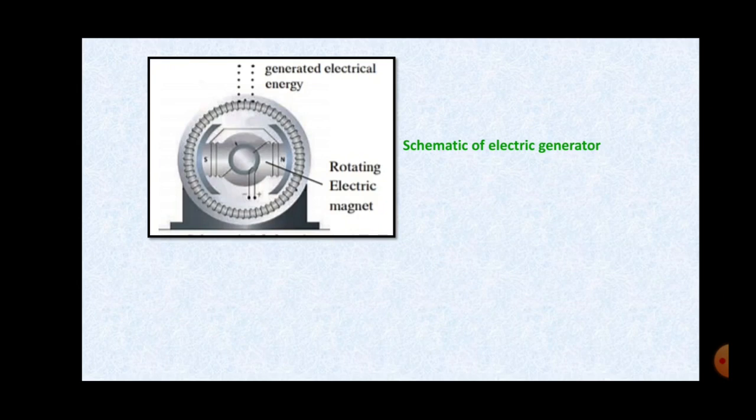So now we are going to study the different types of electrical power stations, where the turbine is rotated either with the help of steam or with the help of water. One by one we will start with the different electric power plants.